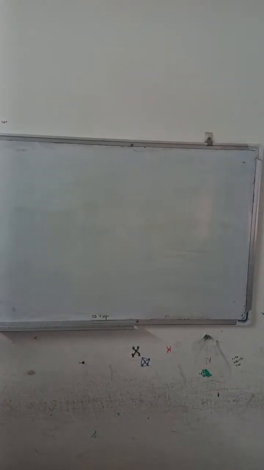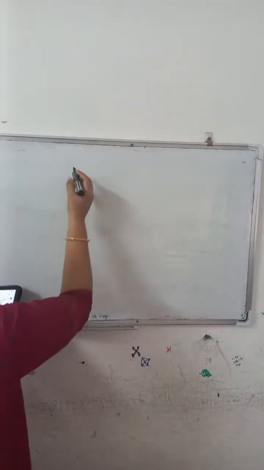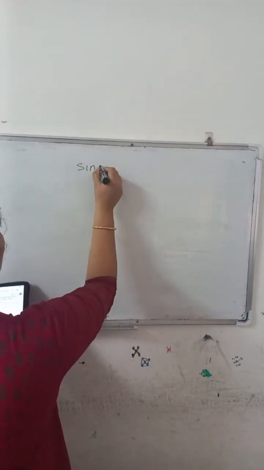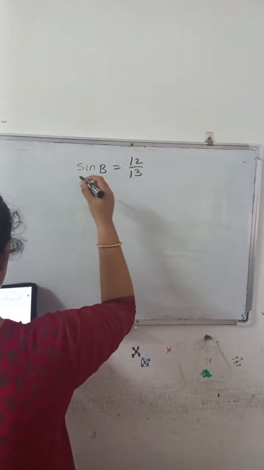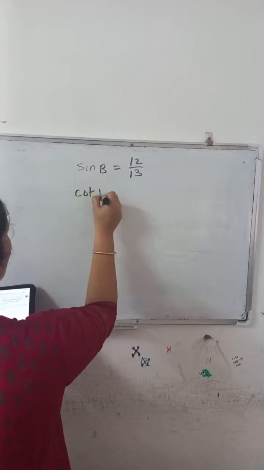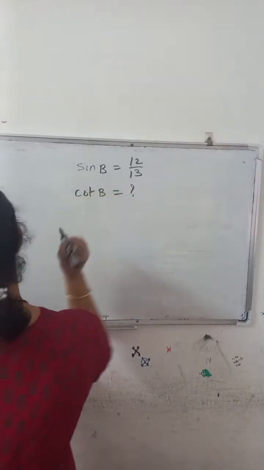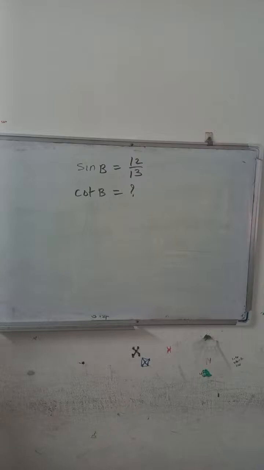So here sin B is equal to 12 by 13, sorry, not cos B. Then find the value for cot B. Find out this. Do this. This is very easy.